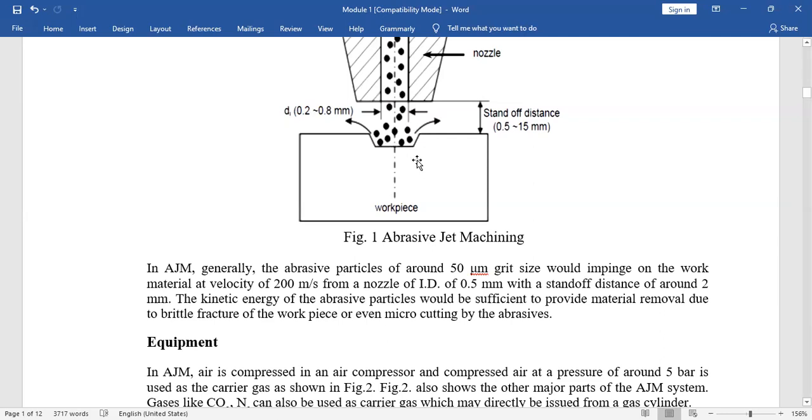In the same way, the abrasive particle penetrates inside the workpiece, and that is known as micro cutting. So this is just the introduction to abrasive jet machining, how it works and what parameters are used.